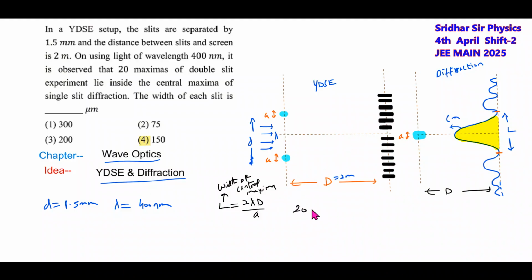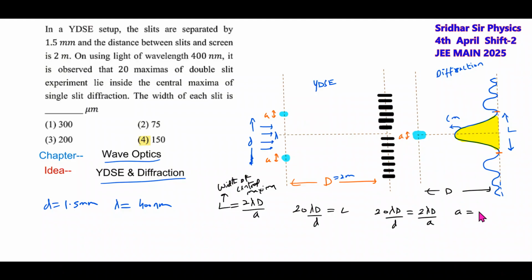So 20 maxima, lambda D by small d should be equal to L. Substituting this, 20 lambda capital D by small d is equal to 2 lambda capital D by a. He's asking the width of each slit, this a only.